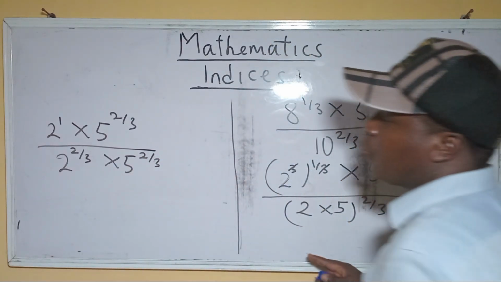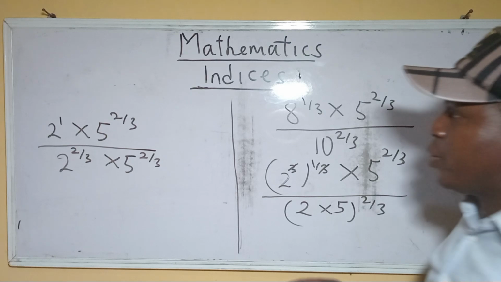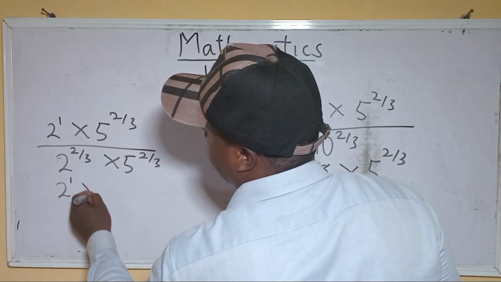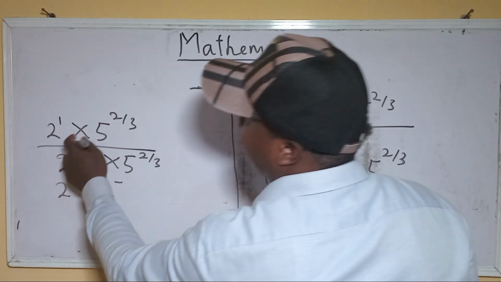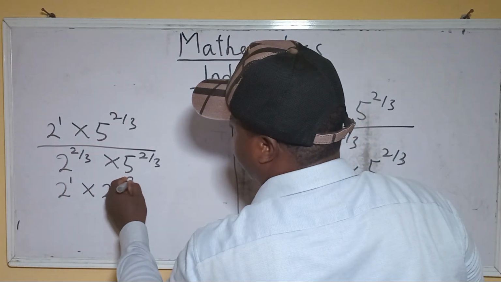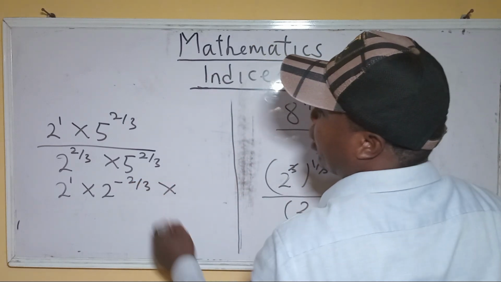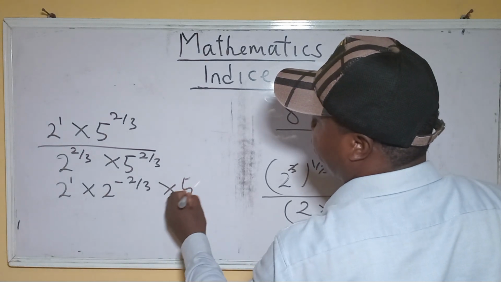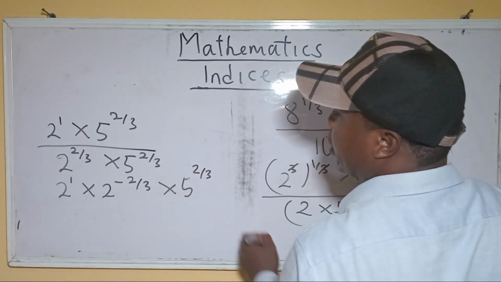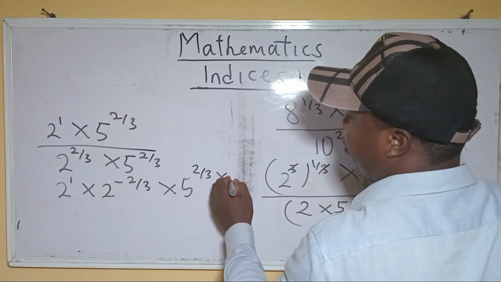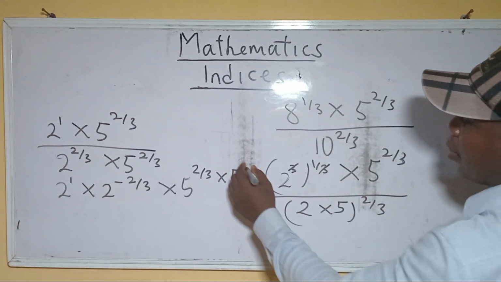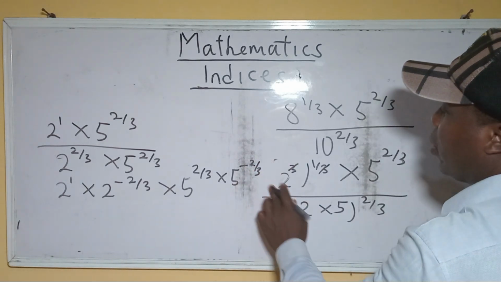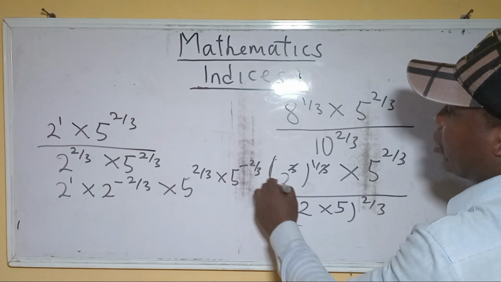So we follow one of the laws of indices. I'm going to have 2 raised to power 1, and because there is a law of division here, minus 2/3, times 5^(2/3) times 5^(-2/3). Let me reduce this one because of the space.